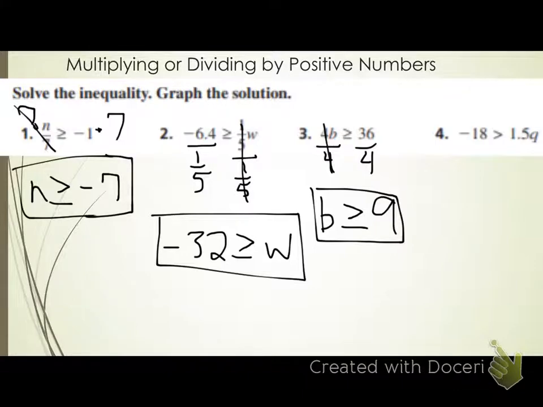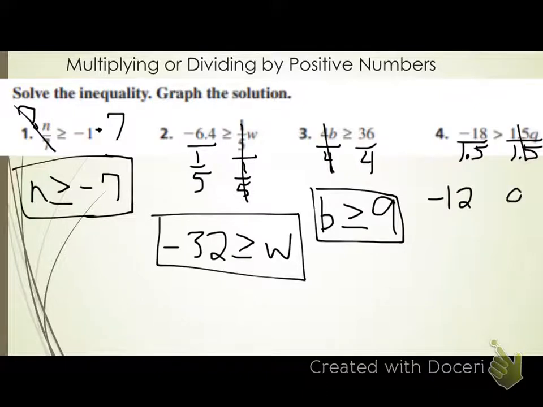Number 4. What do I need to do to get Q by itself? Divide by 1.5. So I have negative 18 divided by 1.5. What does that give me? Negative 12.